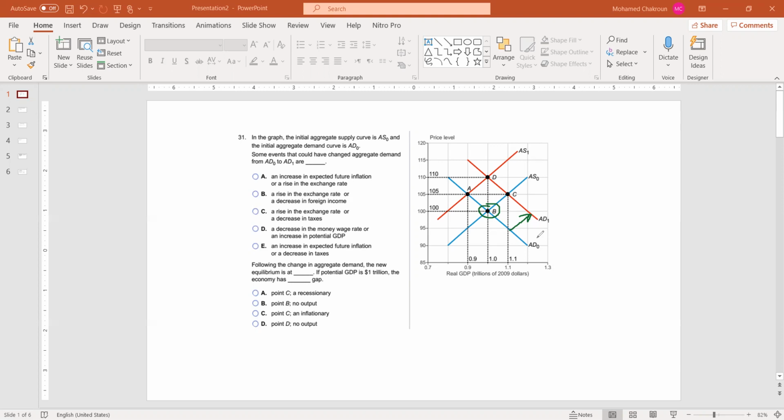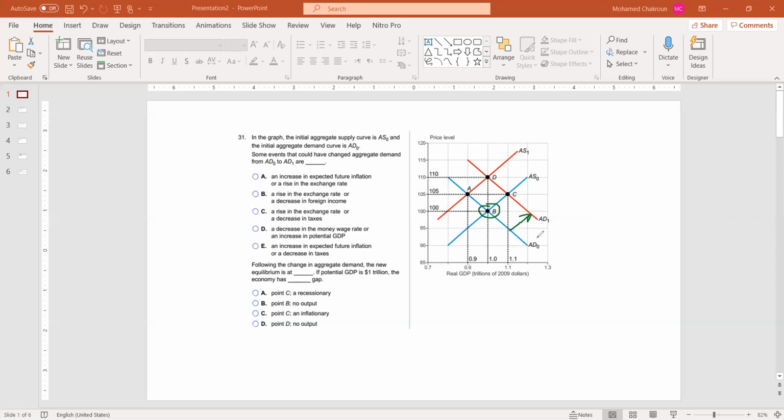What do you think? So a rise in the exchange rate is equivalent to an increase, an appreciation of the national currency.